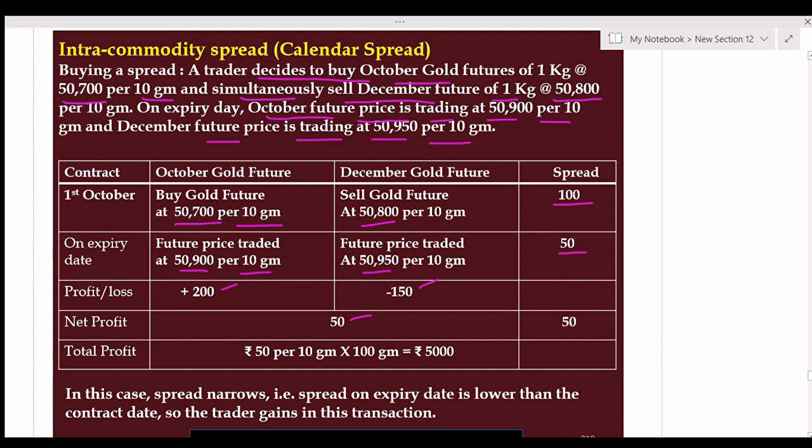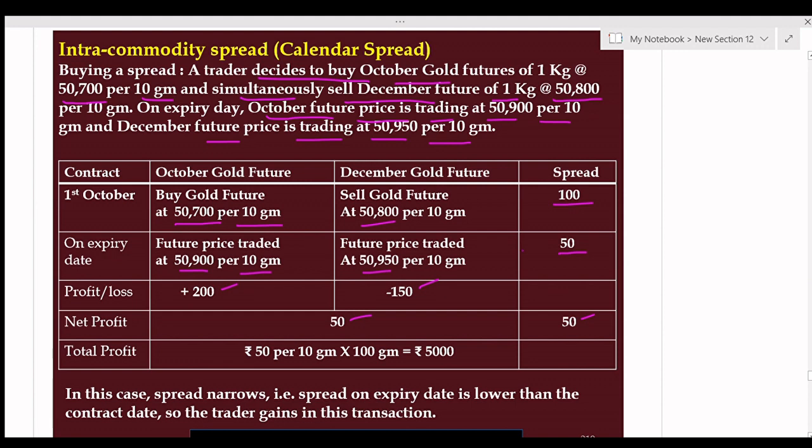So it is narrow. If it is narrow on the buying spread, then the trader will gain. That is 100 minus 50 is equal to 50. In the case of a selling trade, the expiry date spread minus the contract date spread, if it is positive, then the trader will gain.